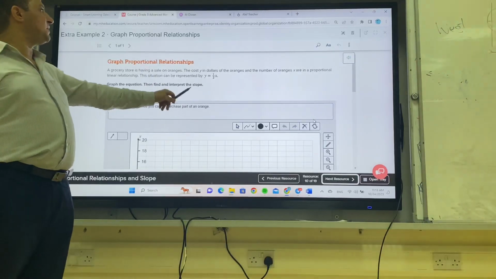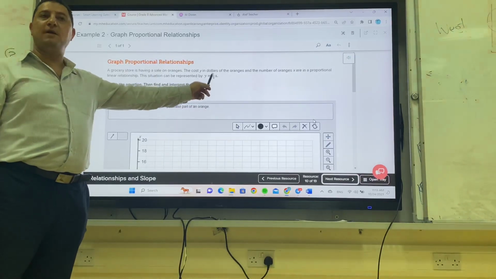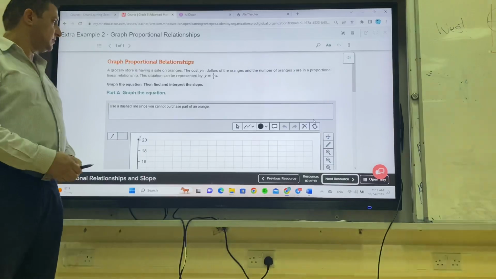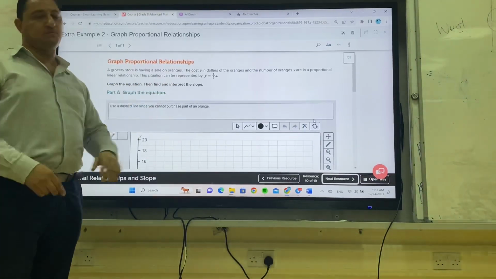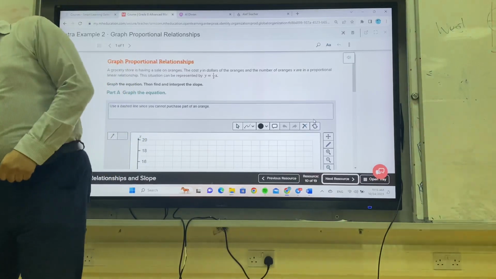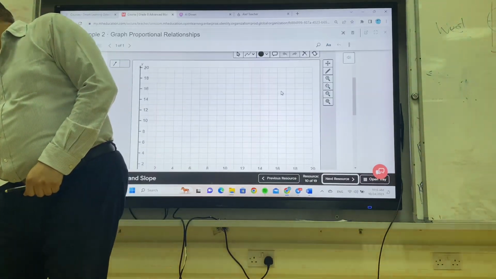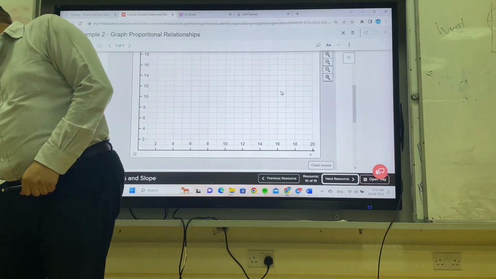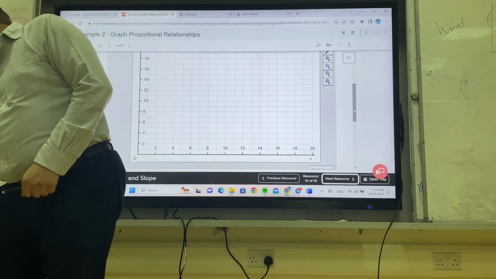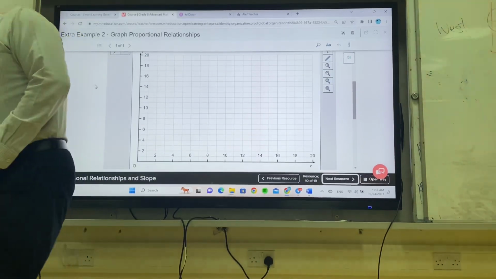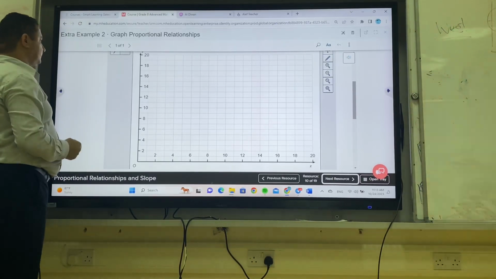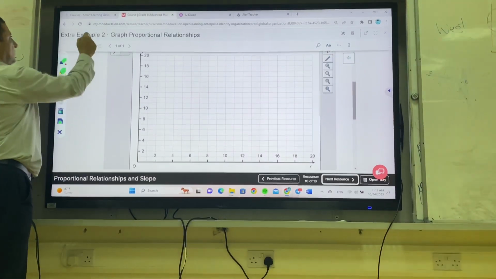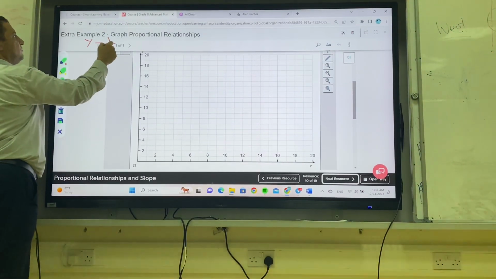This situation can be represented by y equals 1/3 of x. It says graph it, then find and interpret the slope. Let me graph it first. I have y equals 1/3 x. Don't forget this, please.